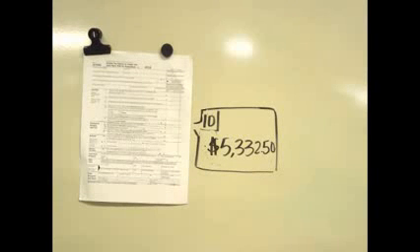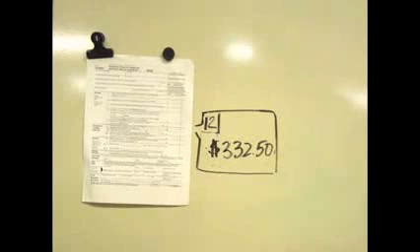The next change comes in line 10, where Bill's new tax is calculated using an adjusted tax table for married couples. With this change, Bill's tax is $5,332.50. And when all is done, Bill's final tax that he owes the government is $332.50.